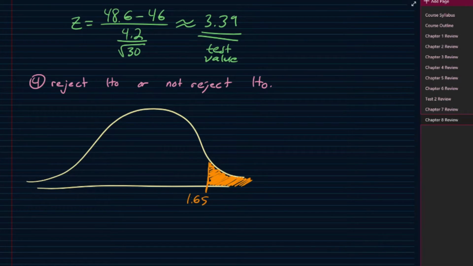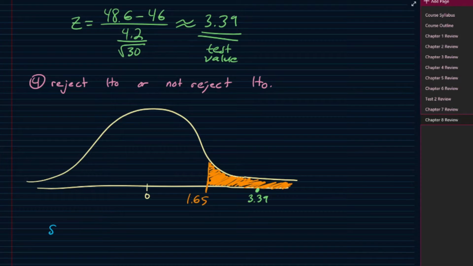You know, if 0 is right here, anything to the left of 0 is negative, anything to the right of 0 is positive, 3.39 would definitely be in the critical range. It would be somewhere like here. So it is in the critical range.